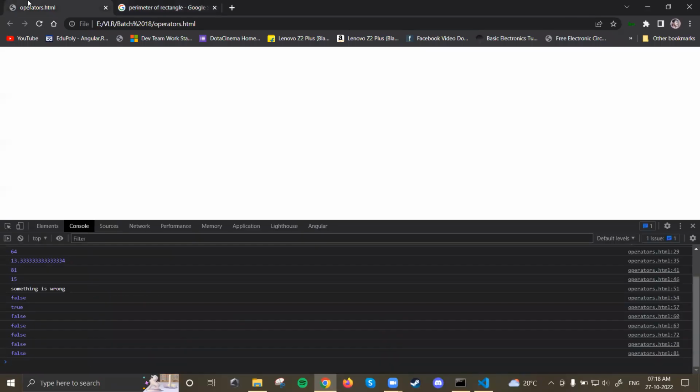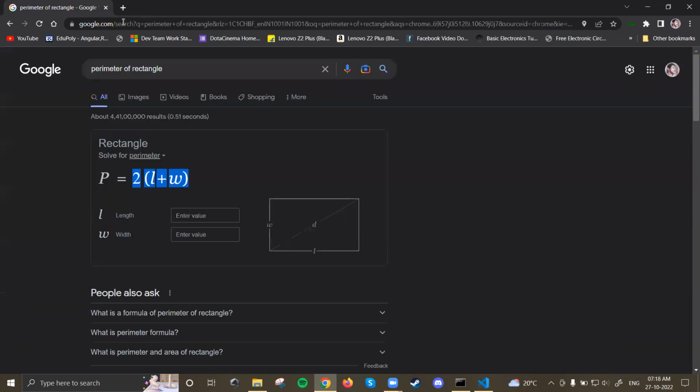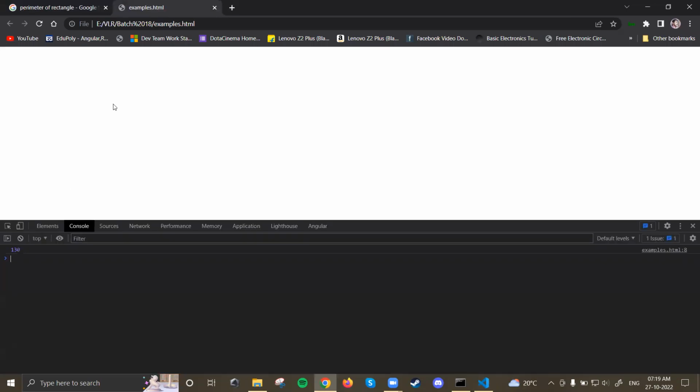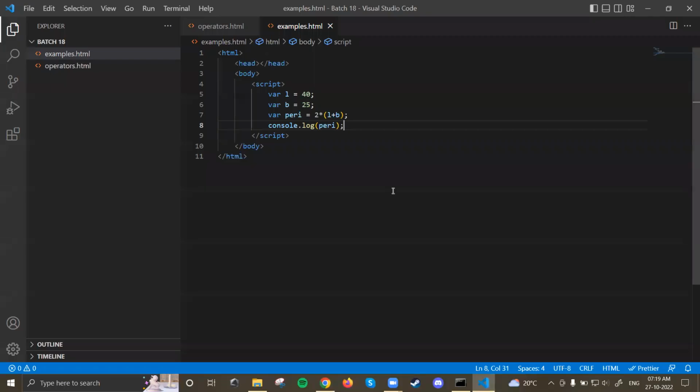Oh, this is not that file. We're running the wrong file. Okay, so we got the perimeter as 130. That is fine. We are able to find the perimeter. Which expression did we use for that?